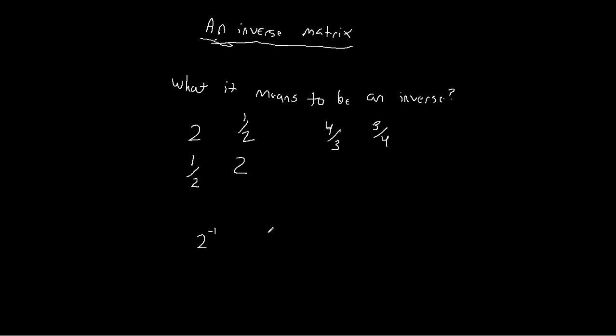That's the same as saying 1/2. We can generalize that by saying a to the -1 means the inverse of a. That's the same as saying 1/a. Or if you have 1/a, the inverse of that is a. So I've taken these examples, added some notation, and made it a little more generic.